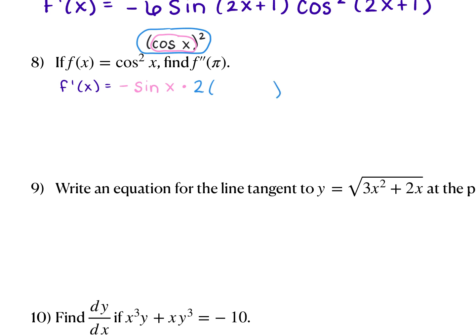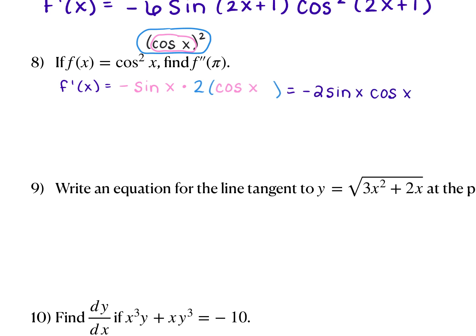The whatever in this case is the thing that's circled in pink there, so it's the cosine of x. Then I am going to clean that up just a little, because to do my second derivative, I want to make this look as nice as possible. So I'm going to write this as a negative 2 sine x and then cosine x.